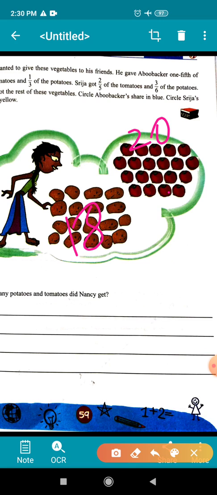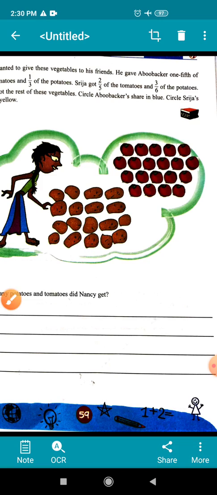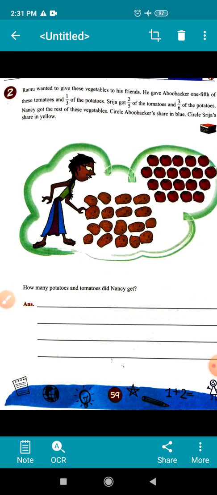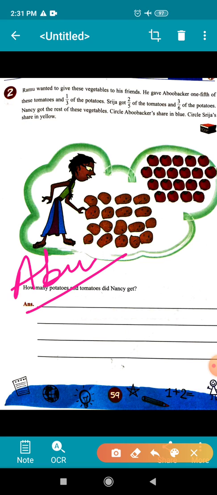As you all know, Ramu has three friends. First one is Abu Bakr. So we will calculate first for Abu Bakr. He has got 1/5 of the tomatoes. How many tomatoes are there? 20 tomatoes, right?